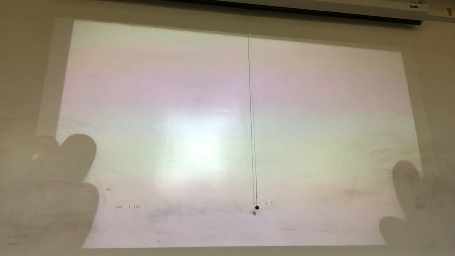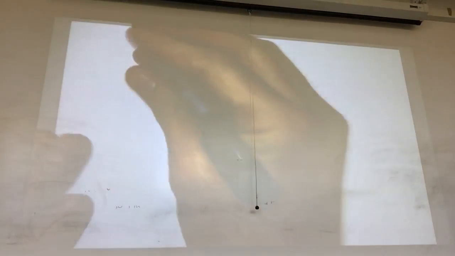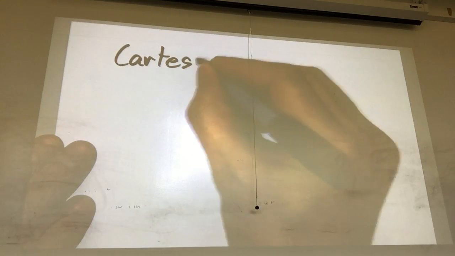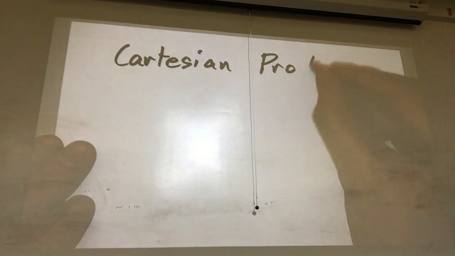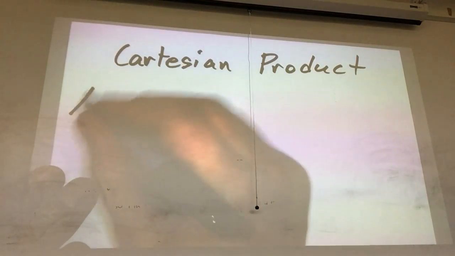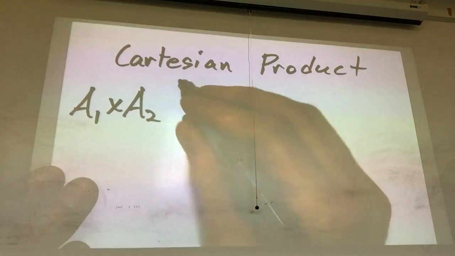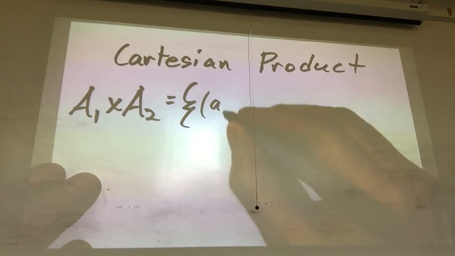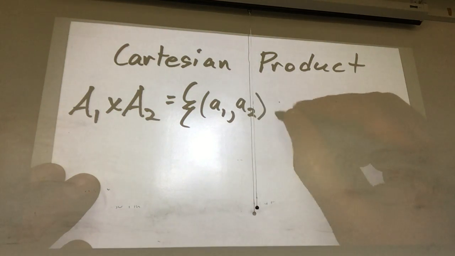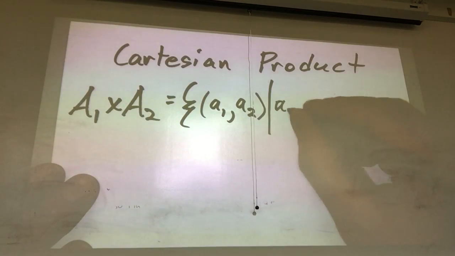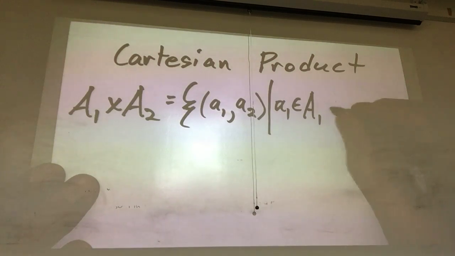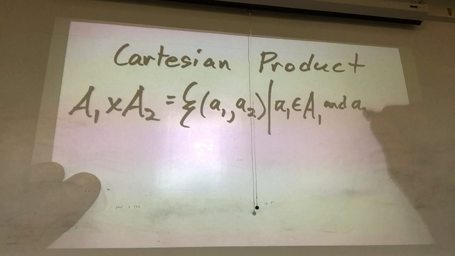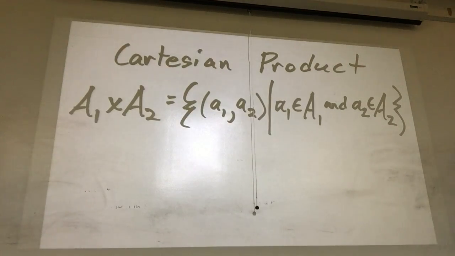So, the Cartesian product A1 cross A2 is equal to, so if we do a Cartesian product of two sets, this will be the ordered pair (a1, a2) such that a1 is in A1 and a2 is in A2, or that a1 is an element of A1 and a2 is an element of A2.